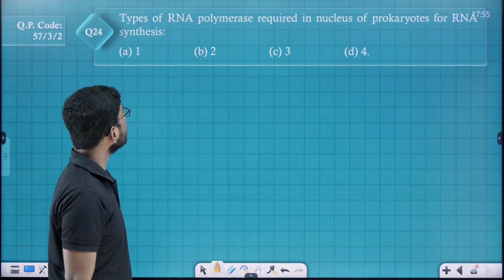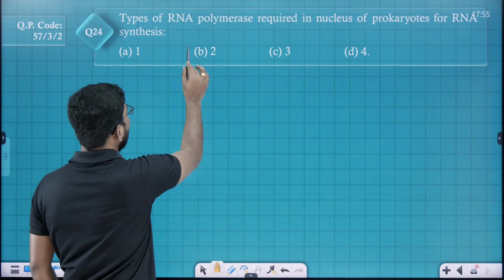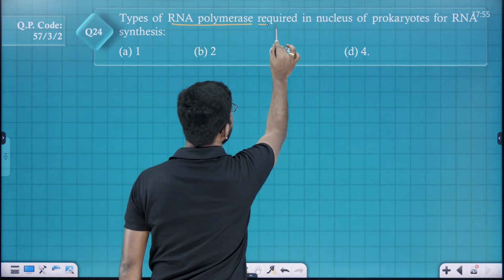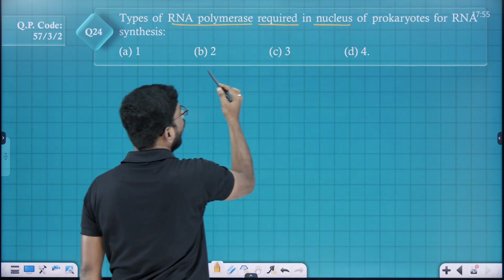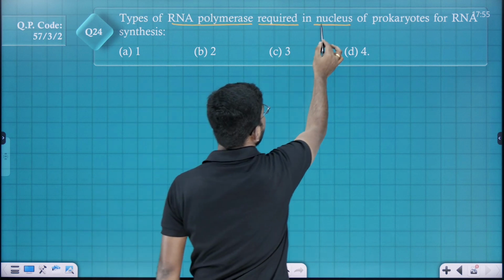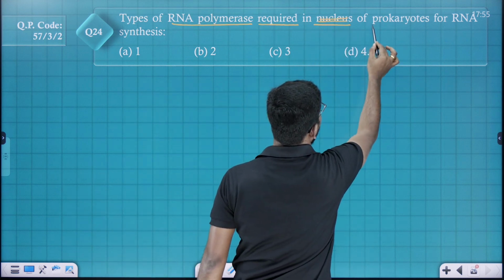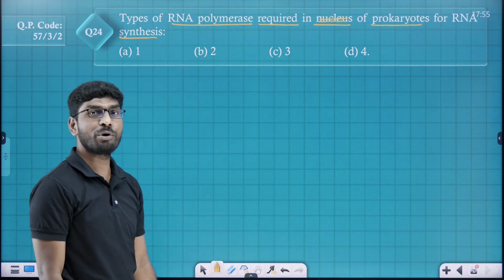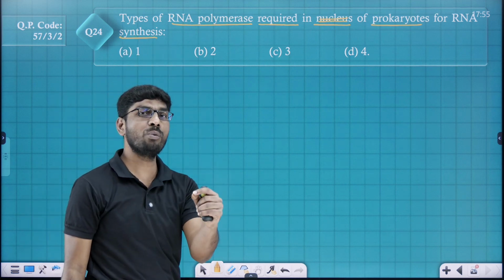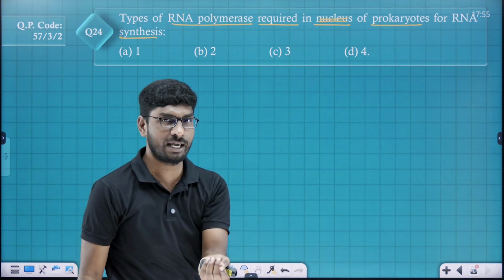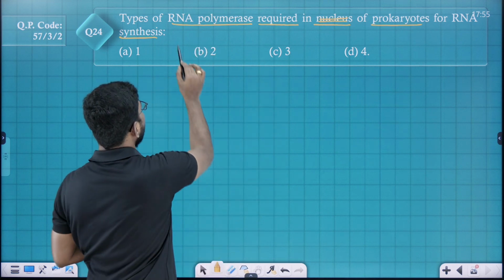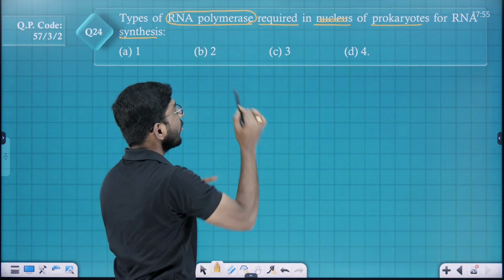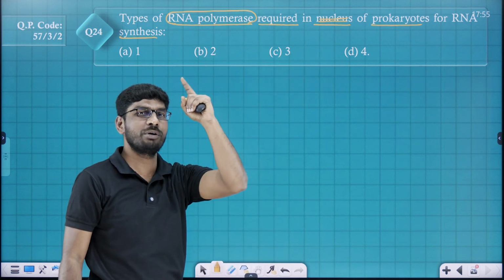Next question. Types of RNA polymerase required in prokaryotes for RNA synthesis. How many different types of RNA polymerase are there in prokaryotes? What is your answer?